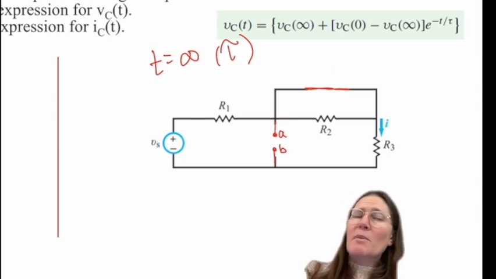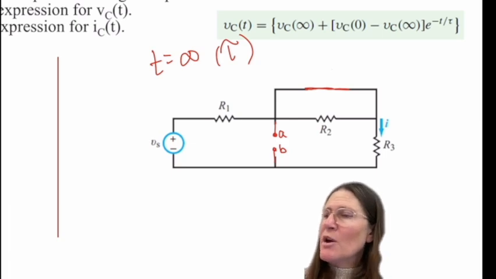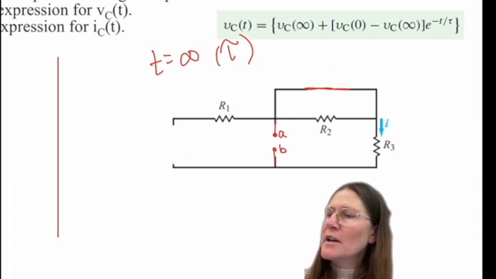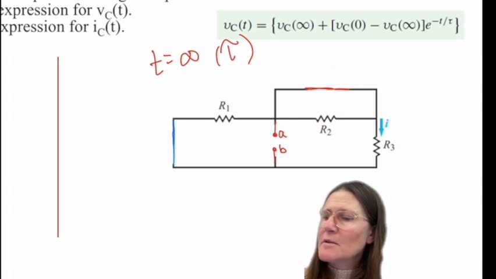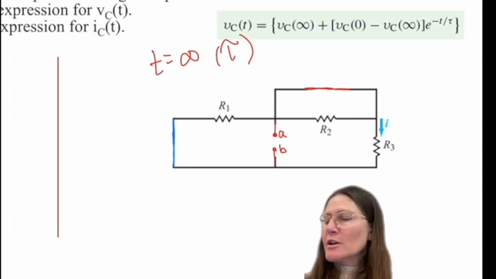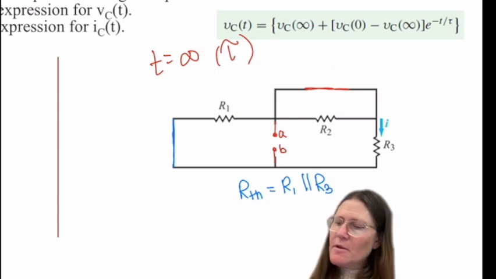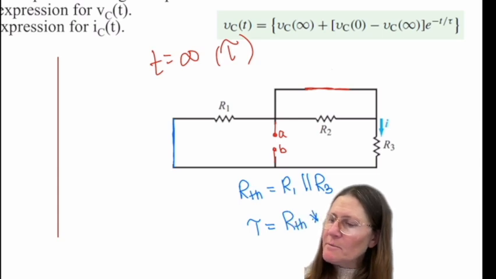Now you take the pathway and find the equivalent resistance between A and B, which means you're also going to remove your sources. In this case, we get a short here, so our RTH is R1 in parallel with R3, and our tau will be this RTH times C.